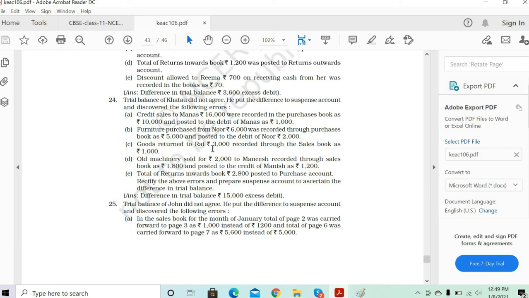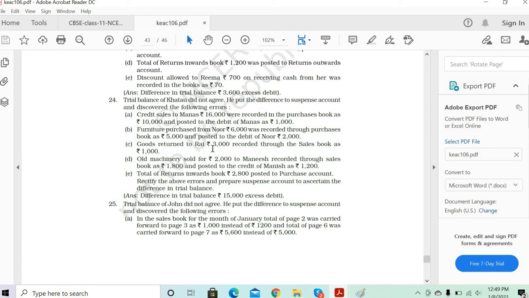The meaning of this statement is, whenever they posted to the credit of Manish as 1,200, in the normal entry it is like debiting 1,200 rupees from the Manish account, because you already sold for 2,000 rupees. But the wrong entry is made there.